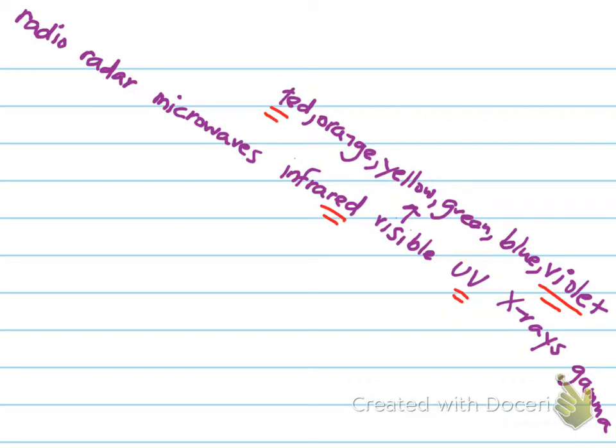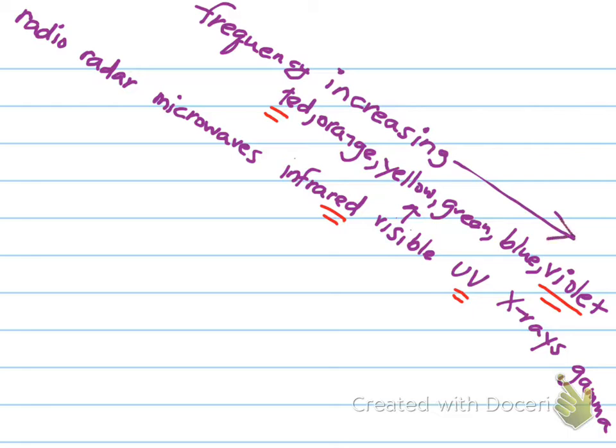So, now, frequency and wavelength are inversely proportional. So my frequency is increasing as I go from left to right here. So radio has the lowest frequency, gamma ray has the highest frequency.